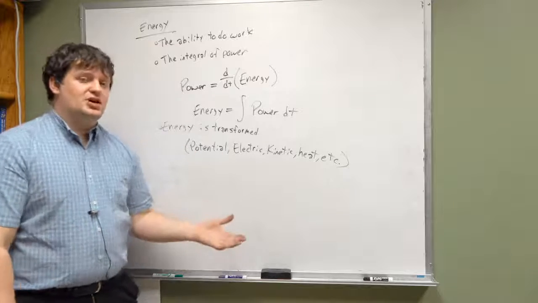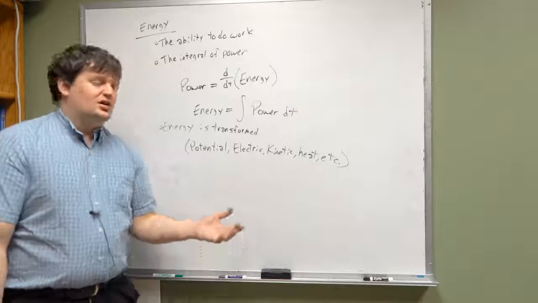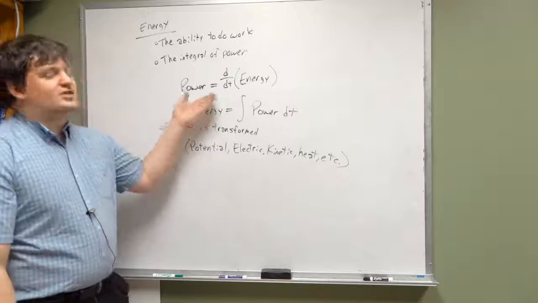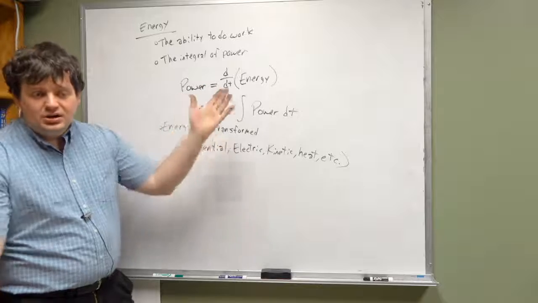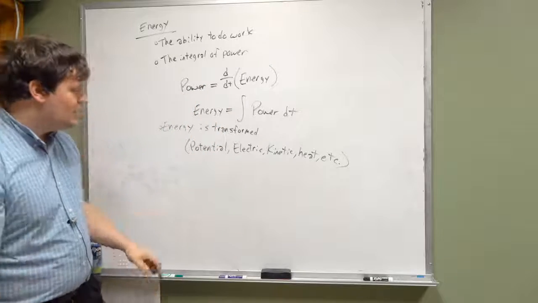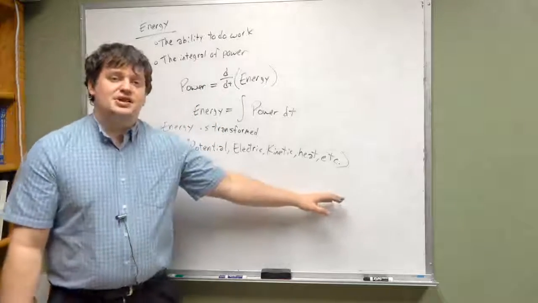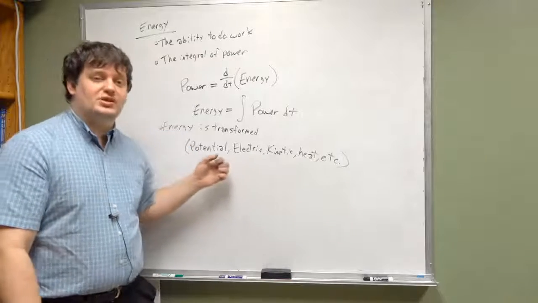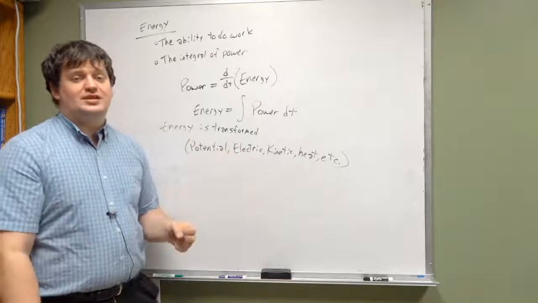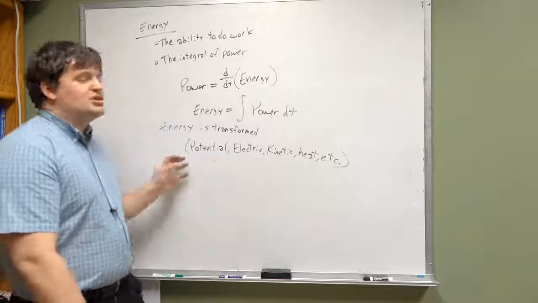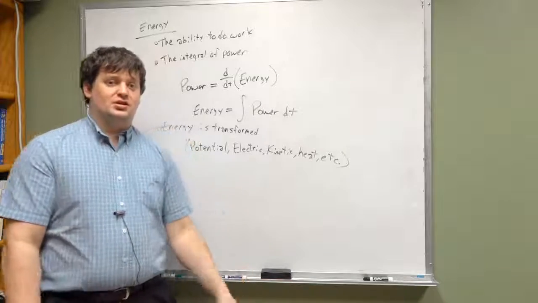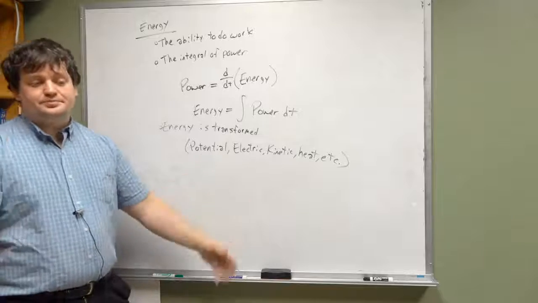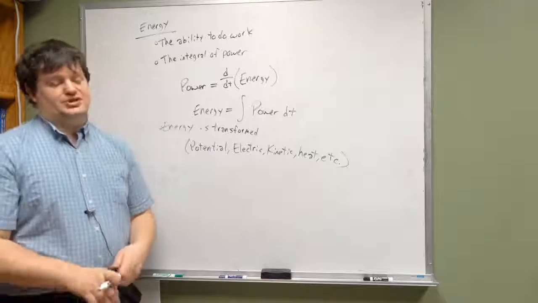It's important to understand energy because if you figure out power, you can figure out energy. Similarly, if you figure out energy, you can figure out power. It allows us to understand how energy is transformed and how things are changed because of the energy that is present, and how we're able to draw and use that energy.